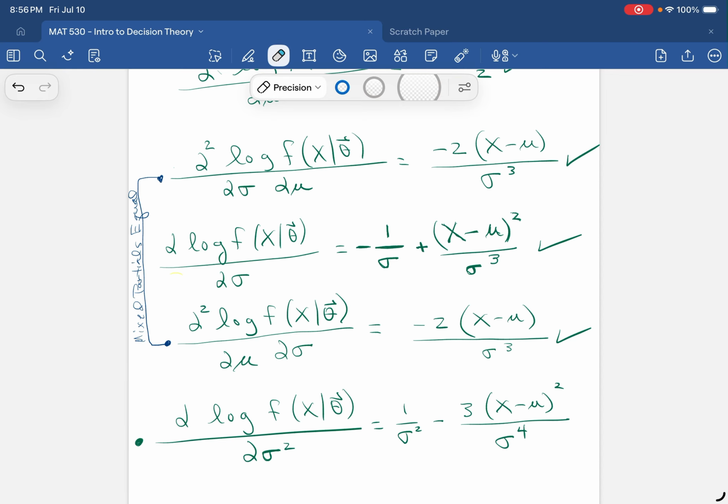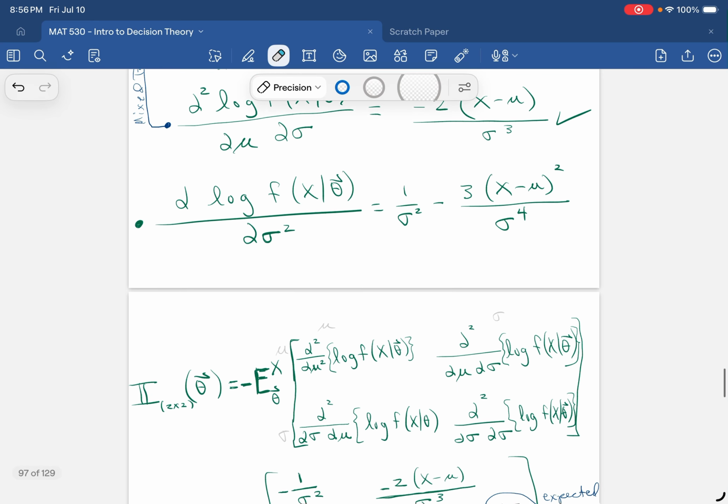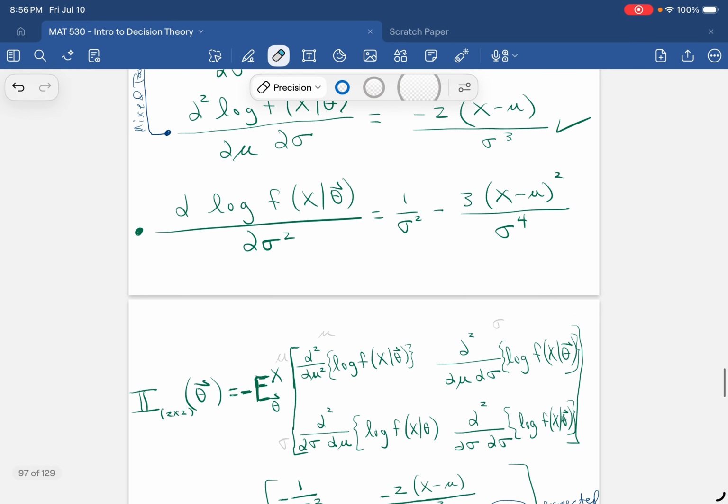Okay, so now remember, we've got to put together the Fisher information matrix, which I've got here. So since we have a vector parameter with 2 components, the Fisher information matrix is going to be a 2 by 2. And you can see that I've written these parameters for each row and for each column, because that kind of gives you an easy way to see which second partial goes where.